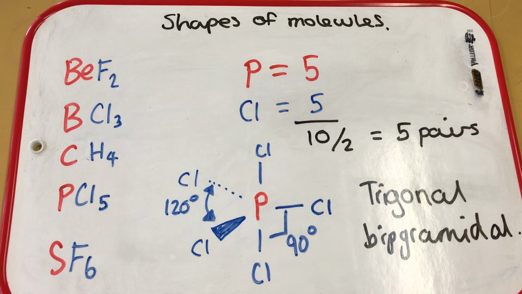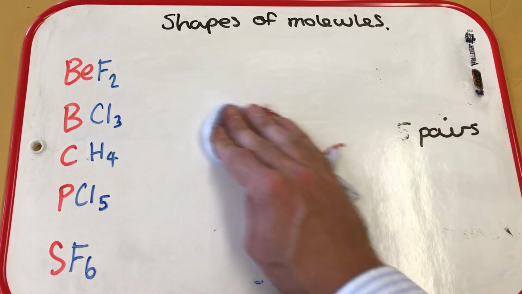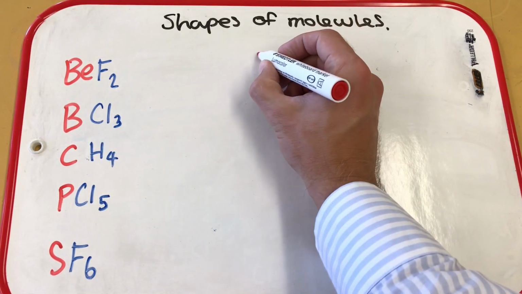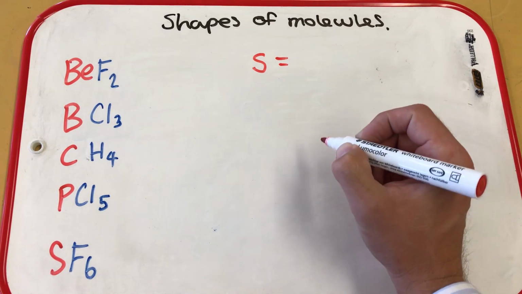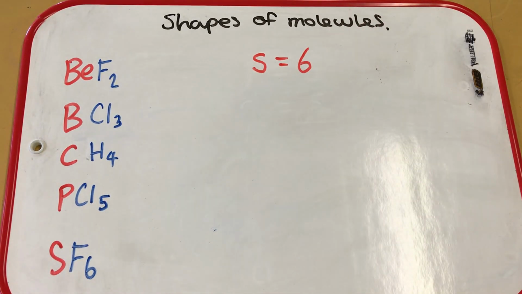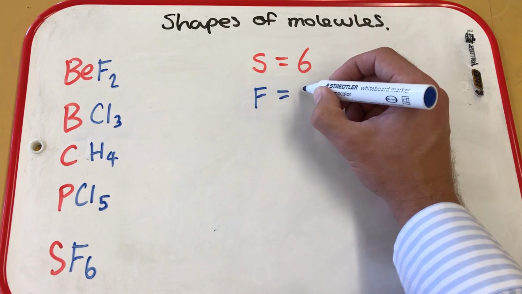The last structure to look at is if we've got 6 bonding electrons attached to our central atom. So SF6, again, in exactly the same way, we can work out the number of each type of bonds and the bond angles simply by looking at the group our central atom is in. So we've got sulfur in group 6. We've got fluorine, and there are 6 of them.